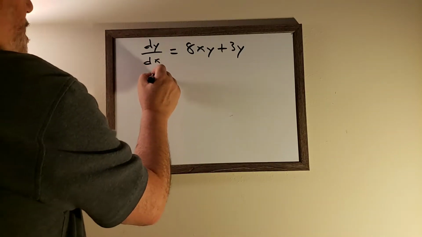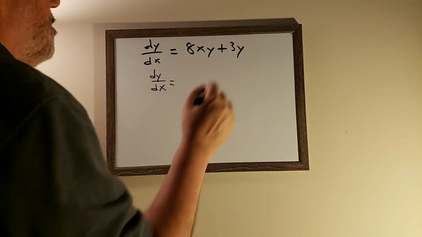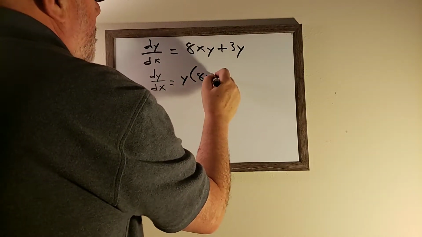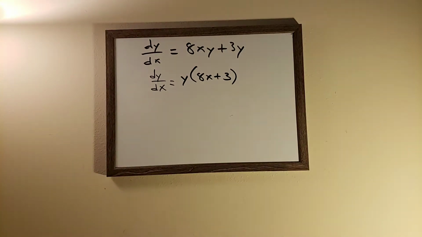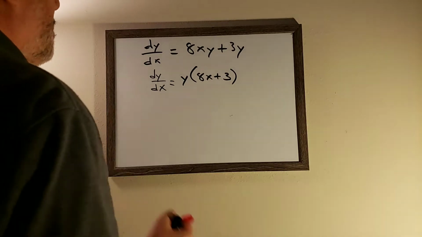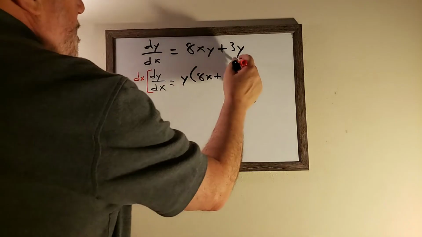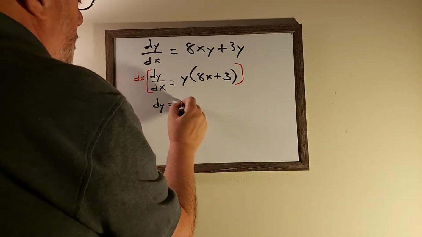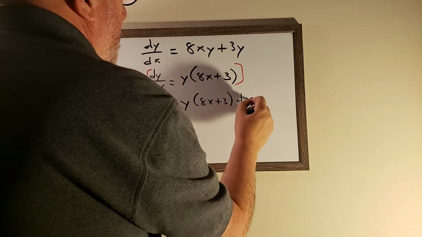And so if I look at that, I notice that the y is common to both terms, so I could factor that out. So we'll take the y out, and we get 8x plus 3, right? And now we need to get everything associated correctly. So let's first take care of our dx. So we'll multiply everything by dx. And so we get dy equals y(8x plus 3) dx.